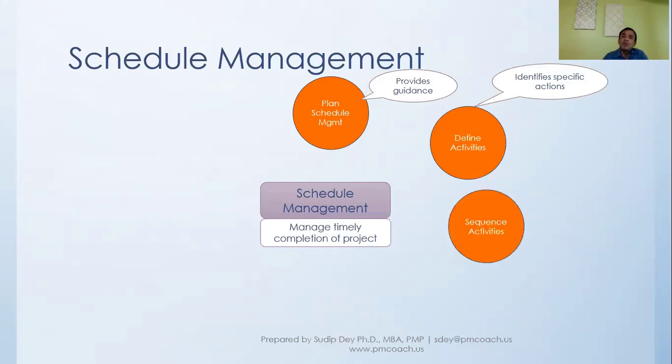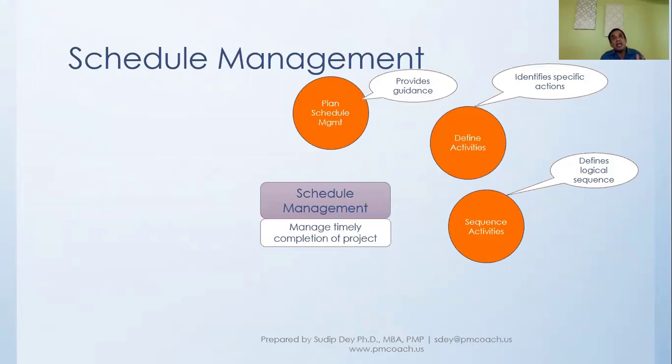Then we move to the next process, which is sequence activities. Sequence activities is about defining the logical sequence. What it really means is, now that we have identified all the activities required to accomplish the different work packages to deliver the project, we will find that there are dependencies.